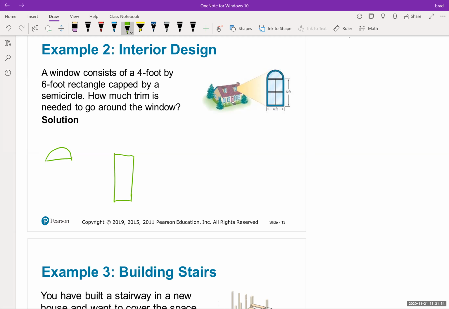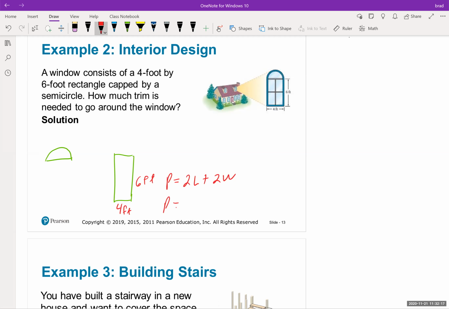Okay, so we have the rectangle. Now we know the rectangular window has 4 feet by 6 feet. Now perimeter for this rectangle, I'll write out the formula first. It'll be 2L plus 2W. So this is the normal formula.